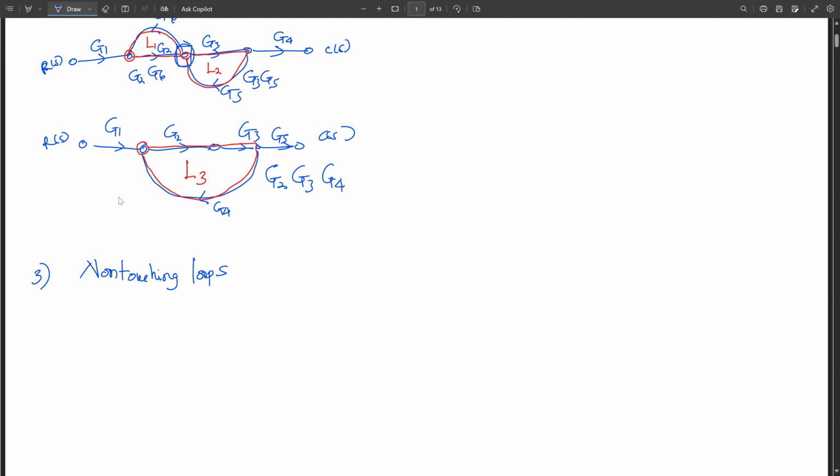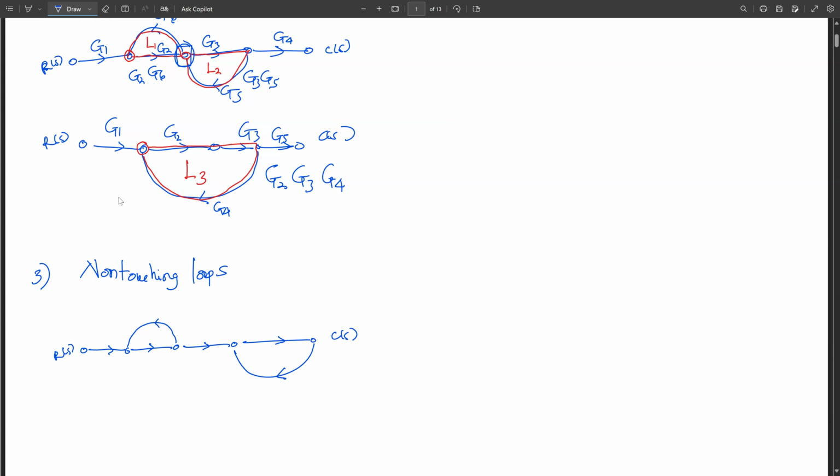But if you should have a loop in this fashion, that, another loop, R of S, C of S. So this is a loop, and this is also a loop. This loop and that loop qualify to be non-touching loops because they do not have any nodes in common. Makes perfect sense that way.